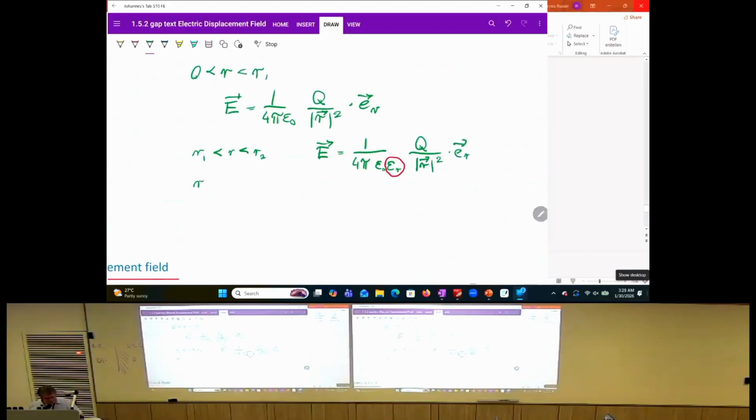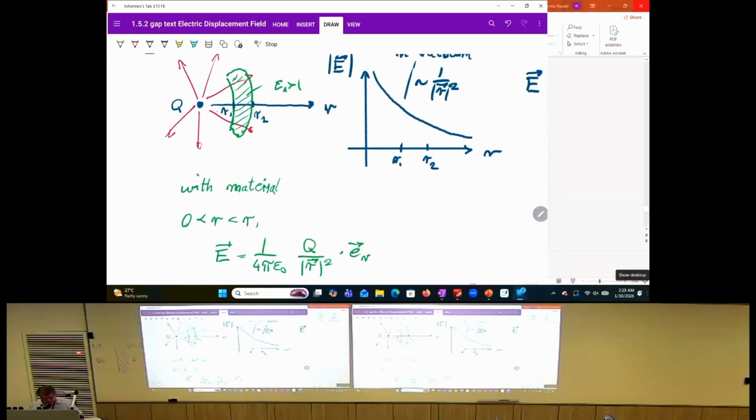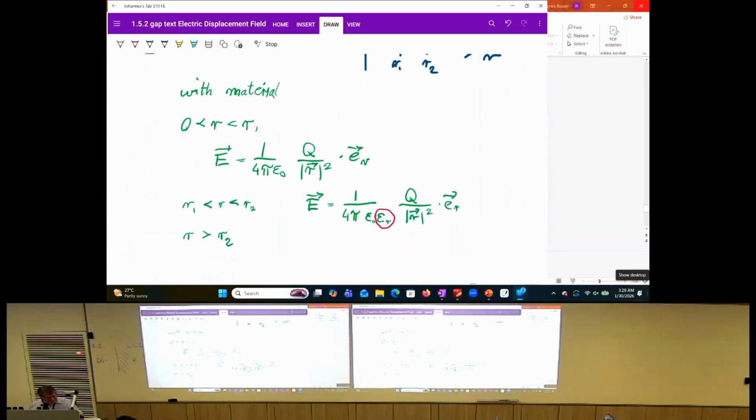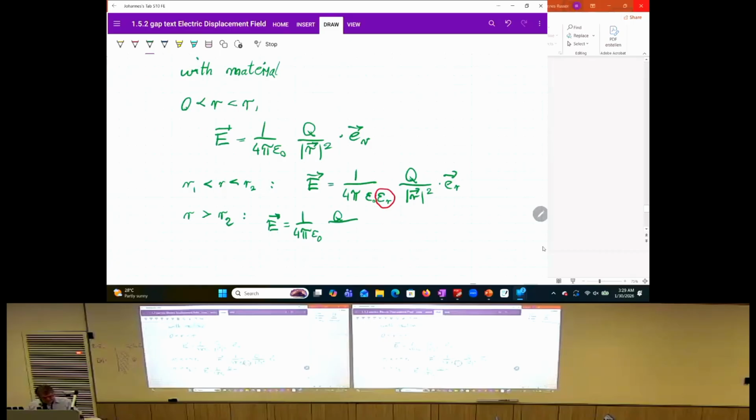When R is even larger than R2, then we are again outside the range where the material is, that material slab we have placed in there. Then the electric field is 1 over 4 pi epsilon naught again. So you see the force field is material dependent, and so is the electric field.